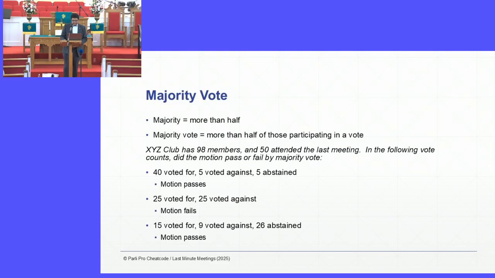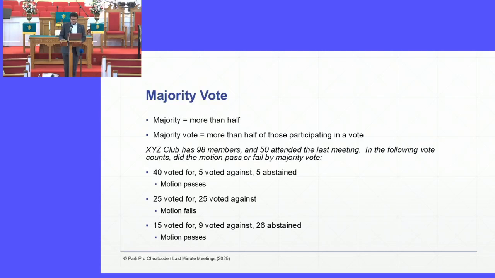And then that last example we have 15 yes votes, 9 no votes, and 26 abstentions. In that instance, again, the motion is going to pass because when we're doing just a basic majority vote, we're looking at more than half of those who voted on something. Even though 26 people said, I'm not going to vote on this at all, they ceded their right to the organization to everyone else who did vote.